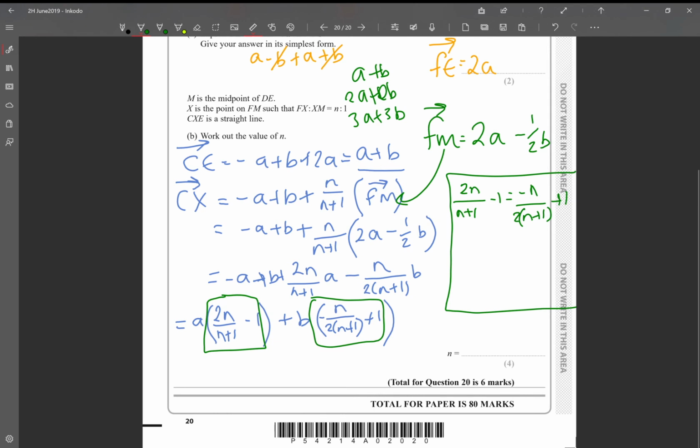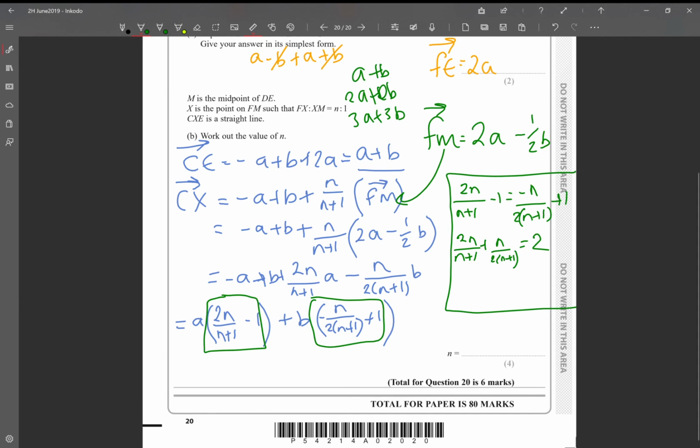And if we rearrange this so that the fractions are all on one side, and you're going to add it, and then the numbers on the other.